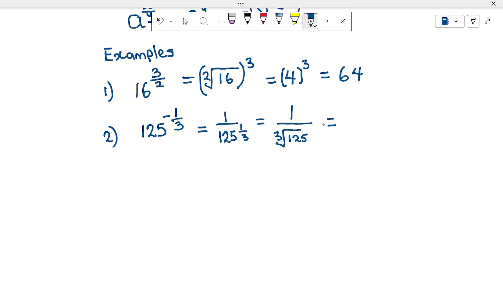Can you quickly do it? Good. You're going to multiply 5 three times to give you 125. 5 times 5 is 25. 25 times 5 is 125. So your answer is 1 all over 5.